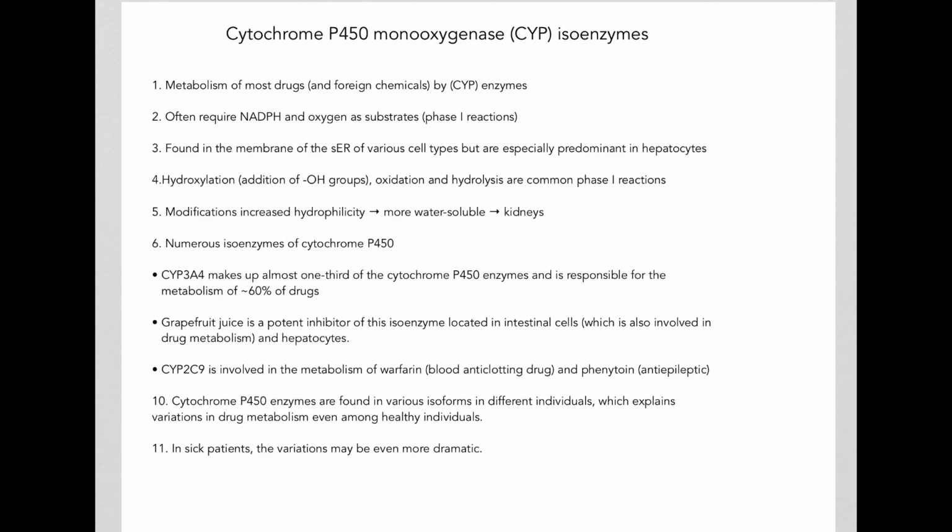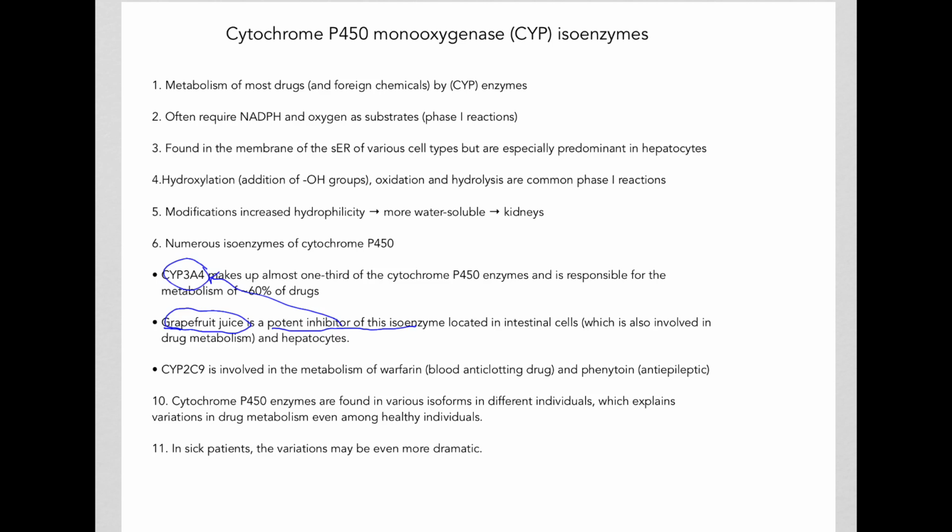Now, patients who are on some sort of drug therapy are usually instructed not to take grapefruit juice, because grapefruit juice contains chemicals that are potent inhibitors of CYP3A4, and by taking grapefruit juice, this enzyme would be inhibited.